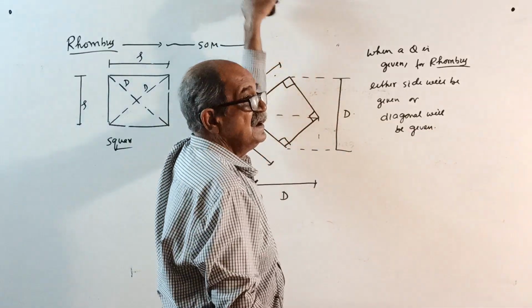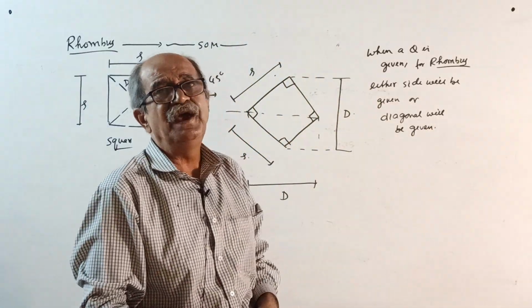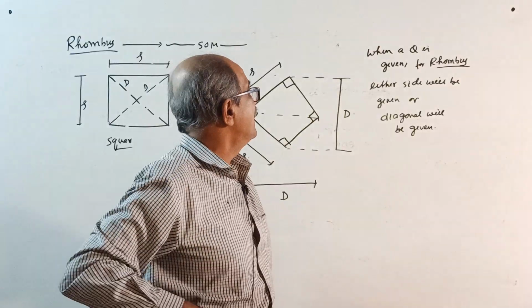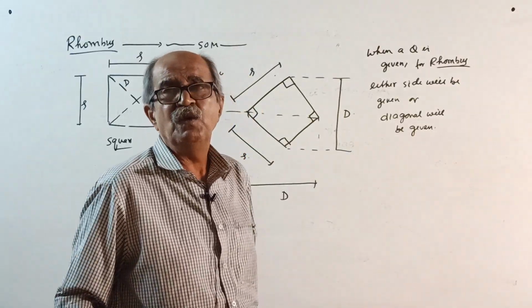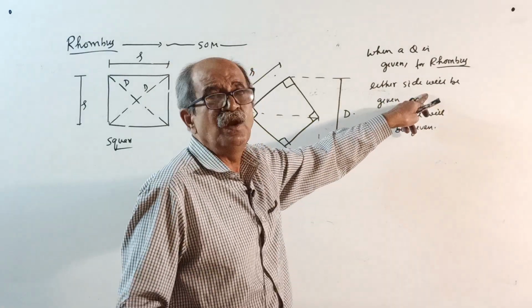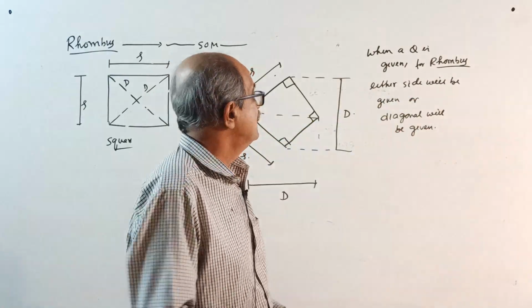Some will tell, sir, area can be given. Yes, if you give area, take root, you get the side because square. Or diagonal will be given. Only one side, all are equal sides, both diagonals equal.